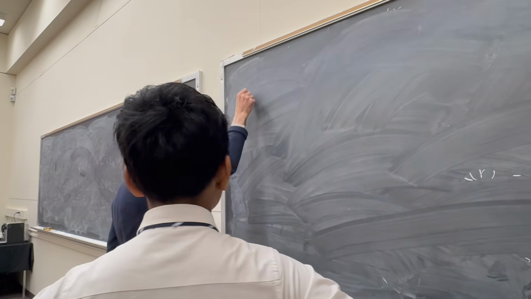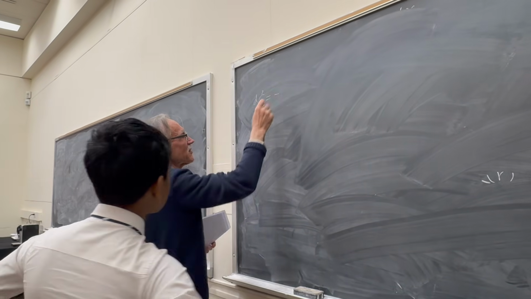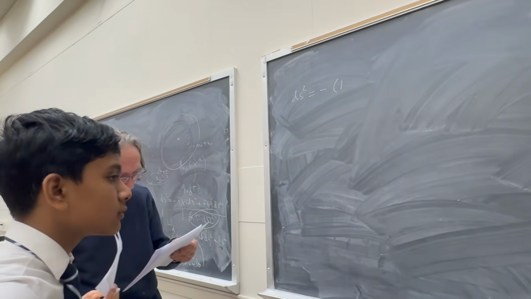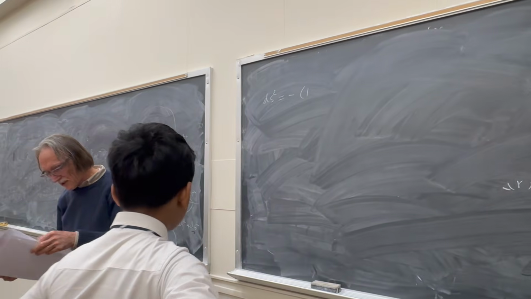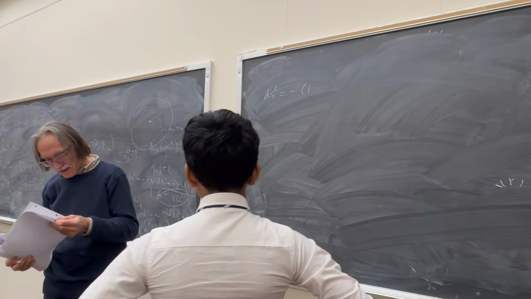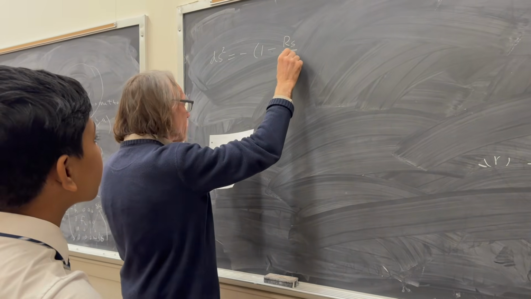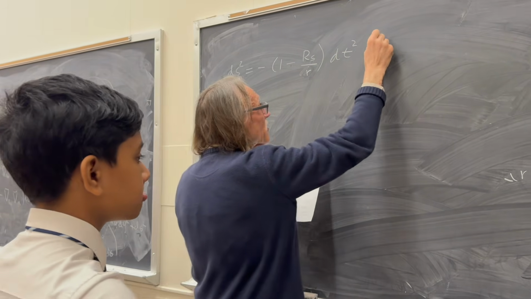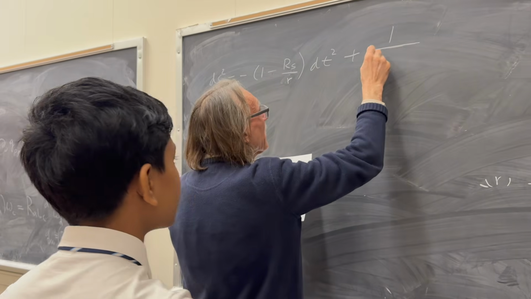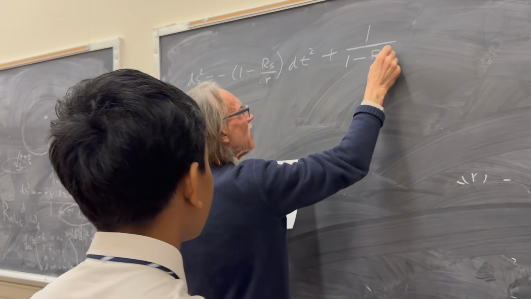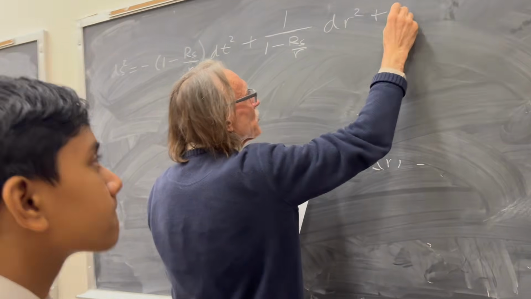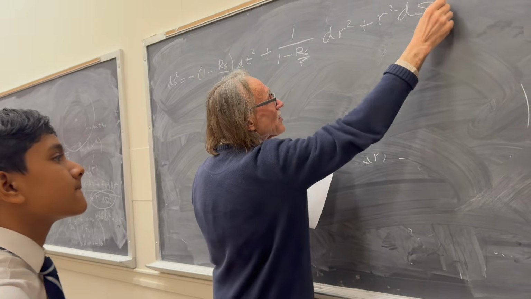And that is ds squared is minus, and I should make sure I don't make mistakes, 1 minus the Schwarzschild radius rs divided by r, dt squared, plus 1 divided by 1 minus rs over r times dr squared, plus r squared d omega squared.